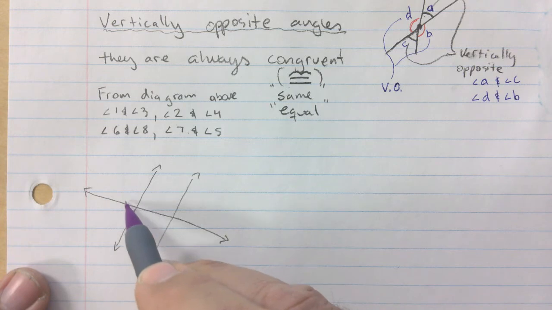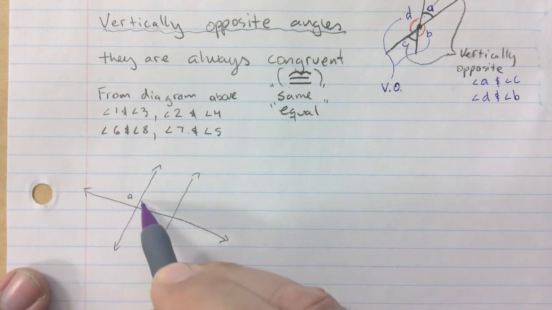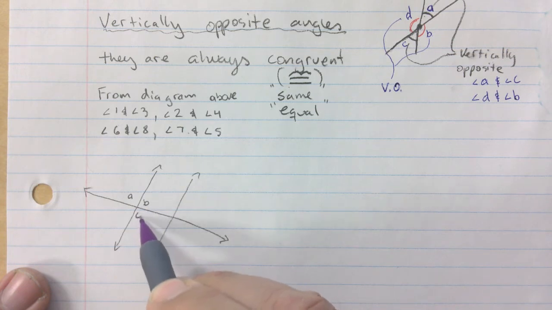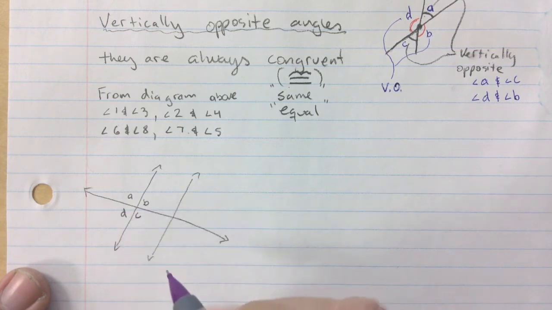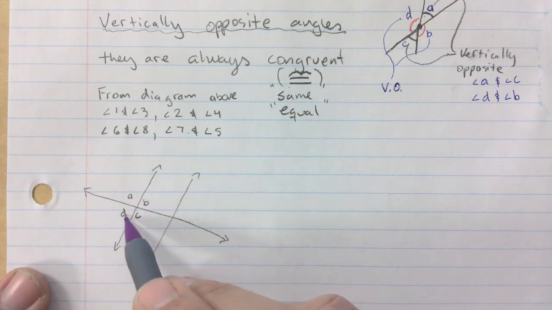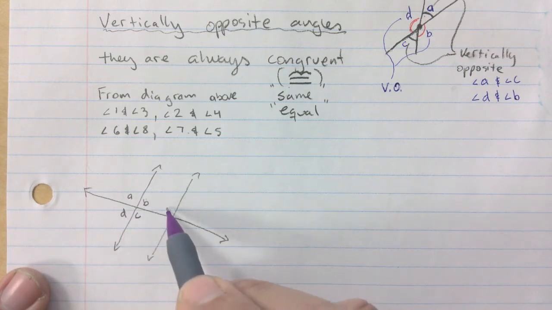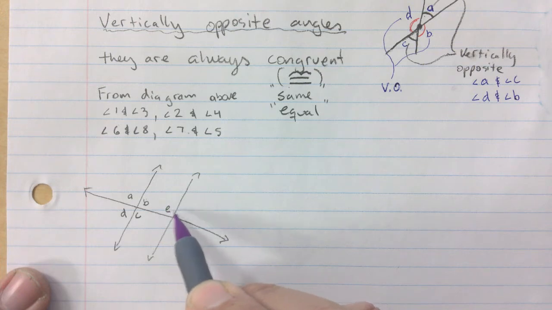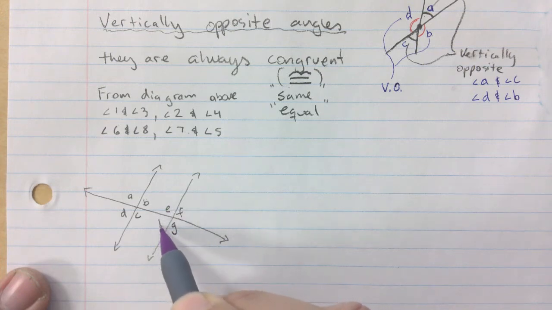And we're going to start right here at this A, B, C, D. So we started here, so A, B, C, D. We're going to start here. E, F, G, H.